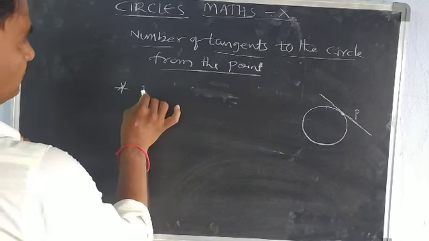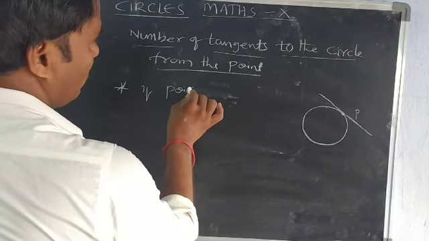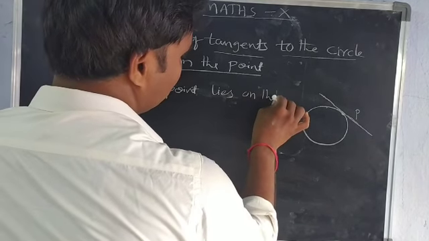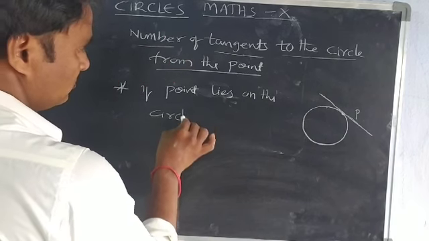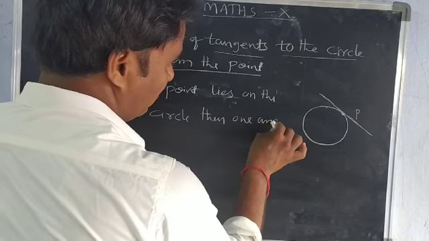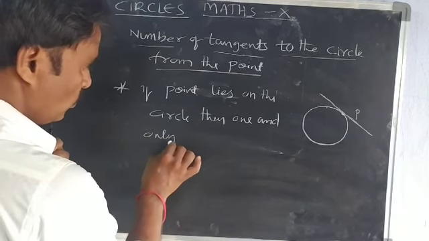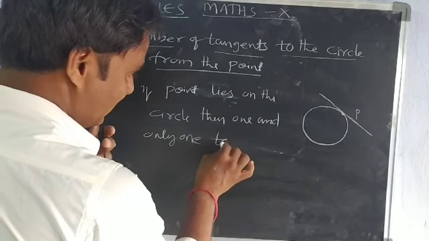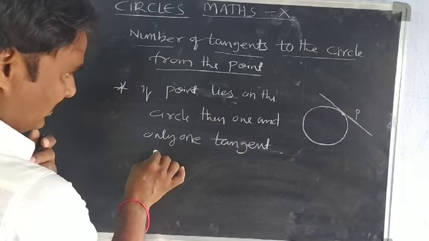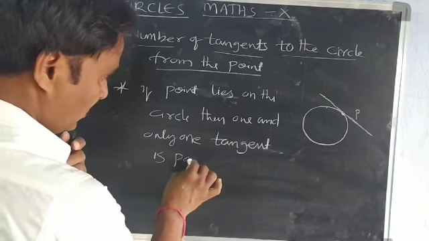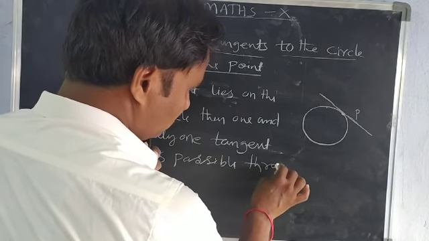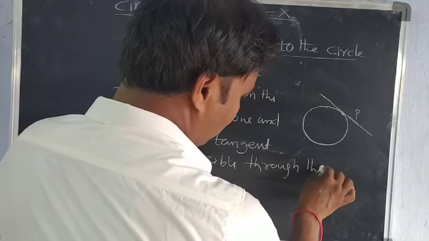So second case: if a point lies on the circle, then one and only one tangent is possible through this point.